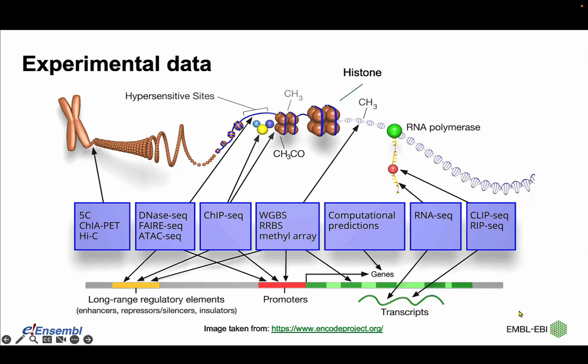So these layers of transcriptional regulation can be assessed by different experiments which look at the expression patterns of the gene. And this diagram shows you the different techniques that can be used to determine these layers of transcriptional regulation. For example, we can use DNA sequencing to assess open or closed regions of chromatin by looking at the sensitivity to the DNase enzyme.